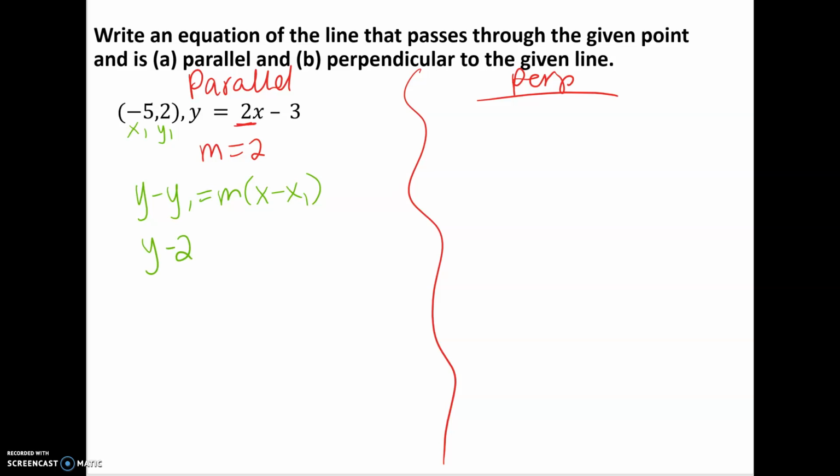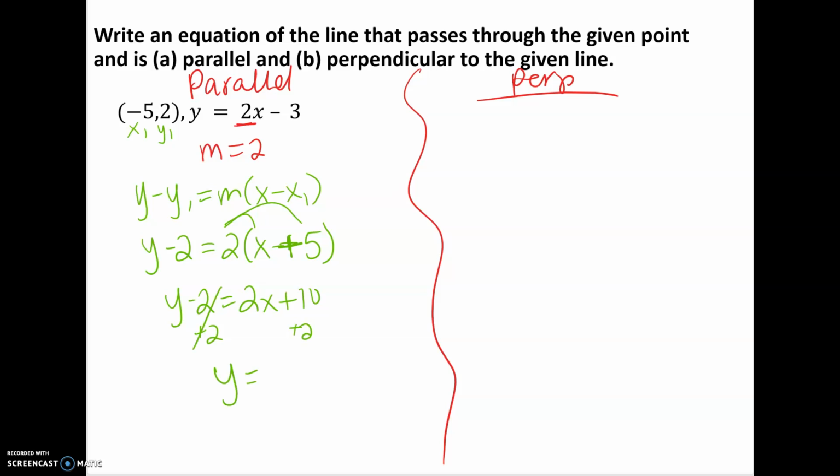So I have y minus 2 equals 2 times x minus -5, which becomes a plus. Then I'm going to simplify, so y minus 2 equals 2x plus 10. Add the 2, and y equals 2x plus 12. Okay, so there's my parallel line.